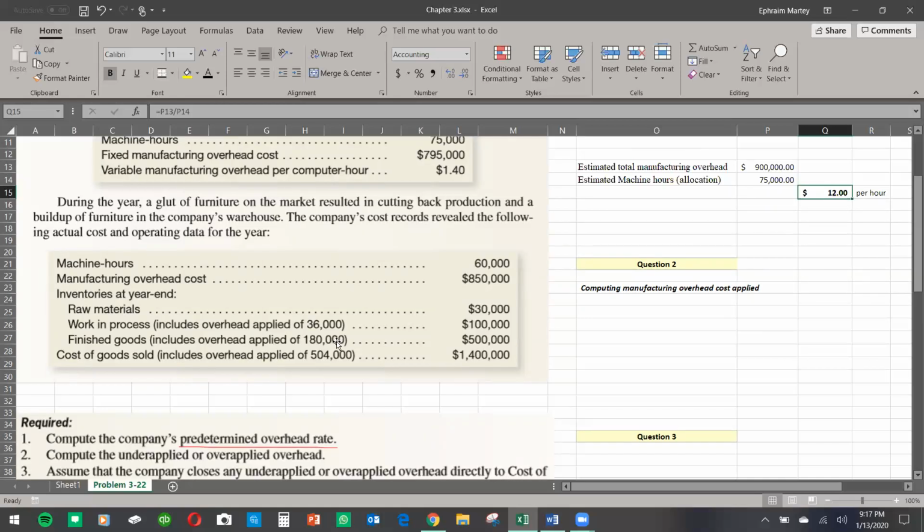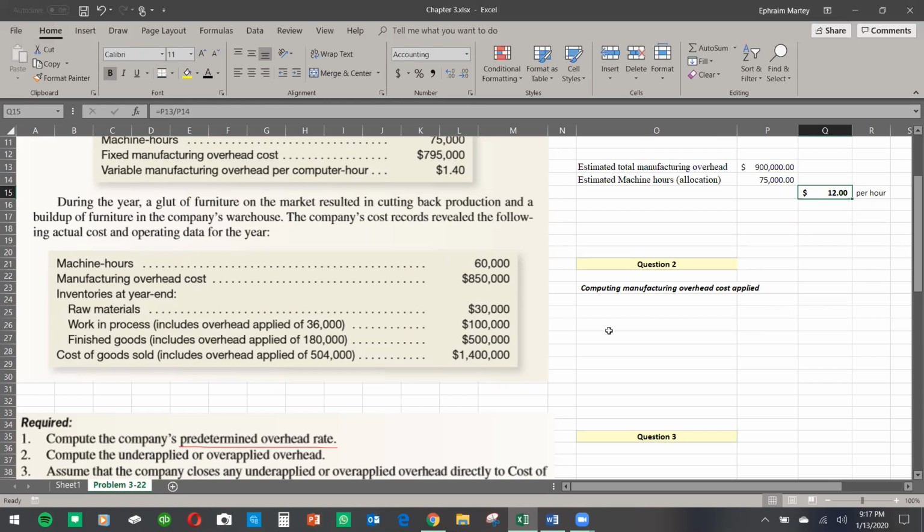You're going to compare the two. Which one is more? Did we underestimate it or did we overestimate it? If we underestimated it, that's called under-applied. If we overestimated it, that's over-applied.